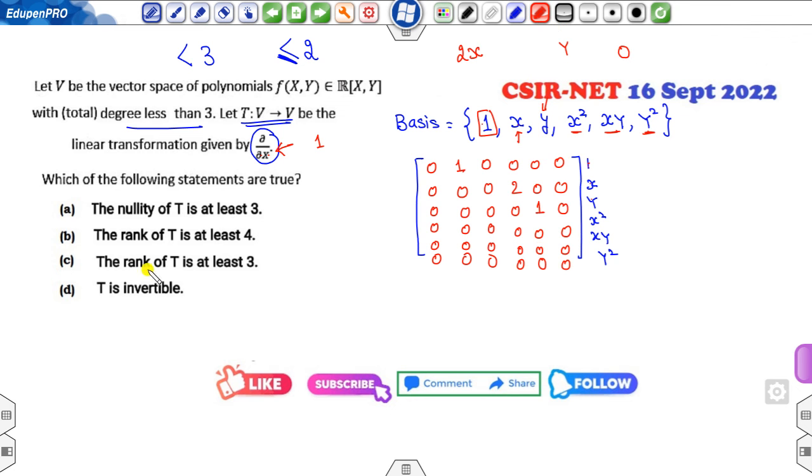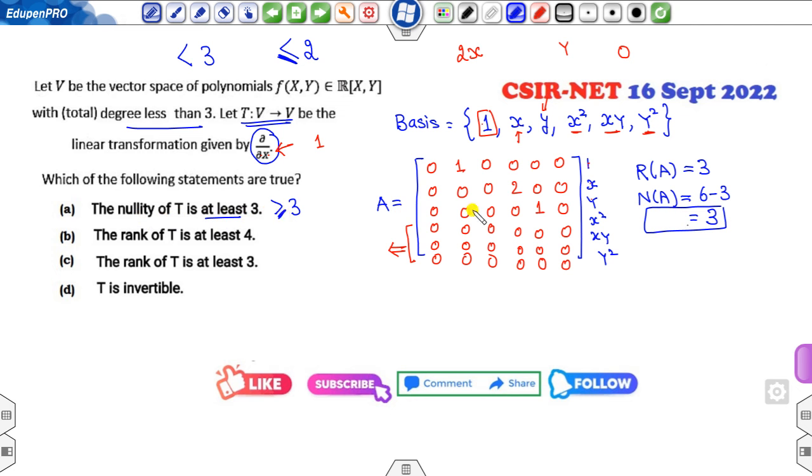Then the nullity, rank, and whether T is invertible. Clearly the last 3 rows are 0, so the rank of this matrix A is 3. How can you find the nullity? The number of columns is 6, minus 3 is 3. The nullity is at least 3.